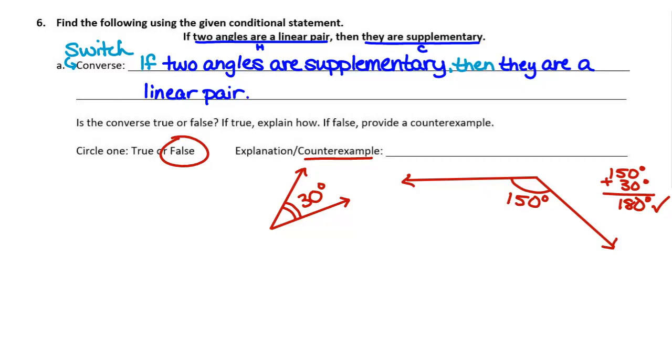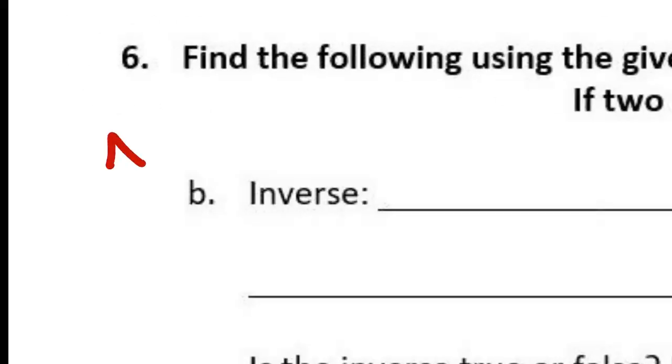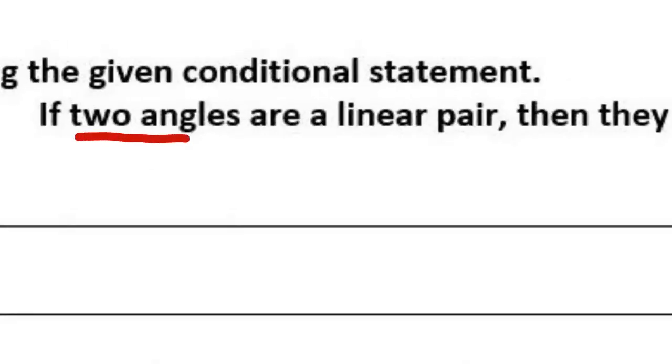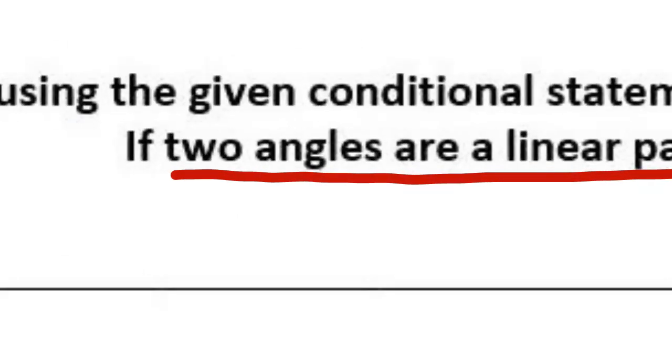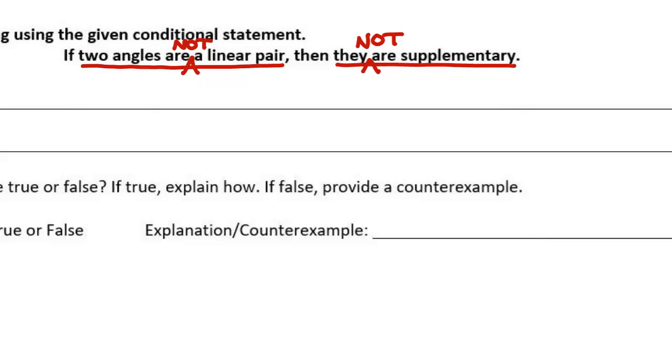Now we're going to do the inverse. If converse is the one where we switch, what is inverse? Not necessarily false. The inverse is not. So with my hypothesis, I need to put a not in with my hypothesis, and I need to put a not in with my conclusion.